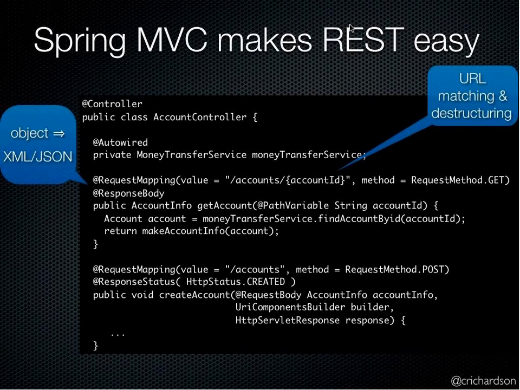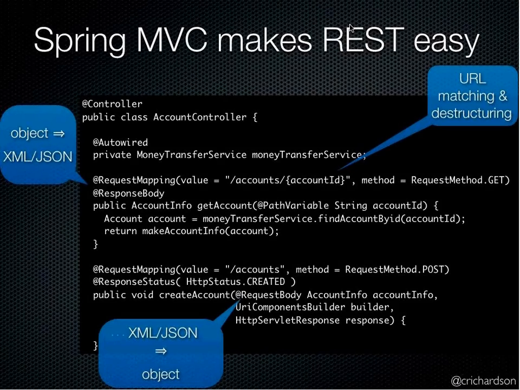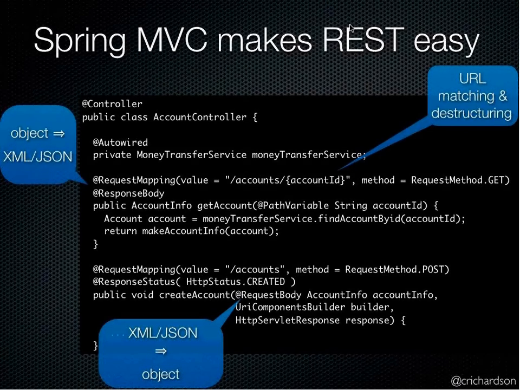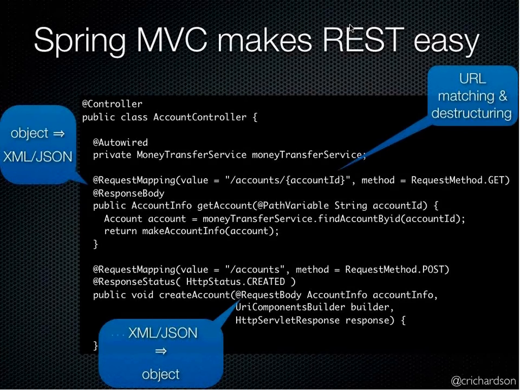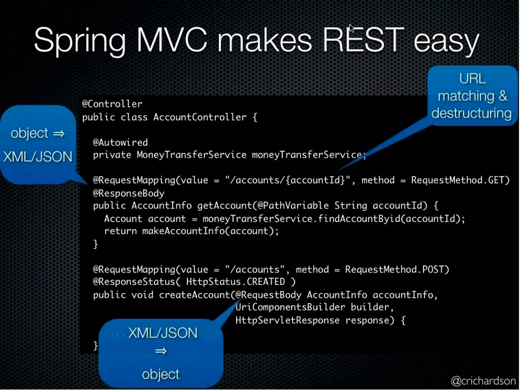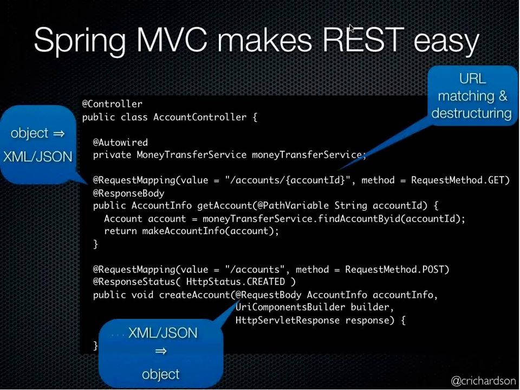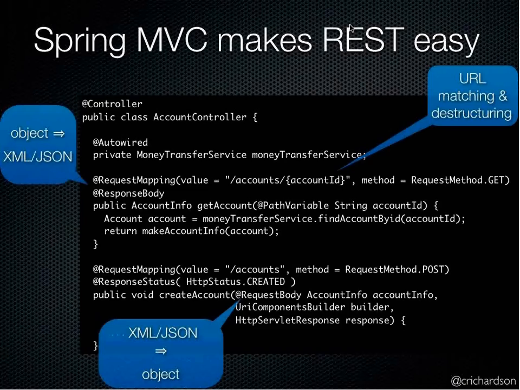It's very simple, very direct. It can also convert the request body from XML or JSON into a Java object and pass that as a parameter to your controller method. So all of the basics of implementing REST are very straightforward using Spring MVC.